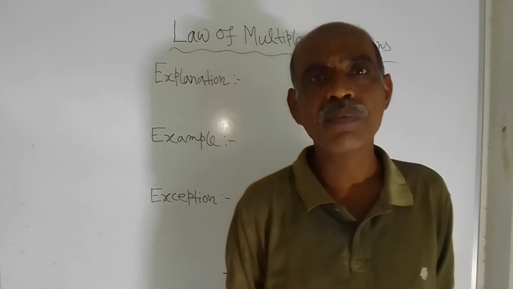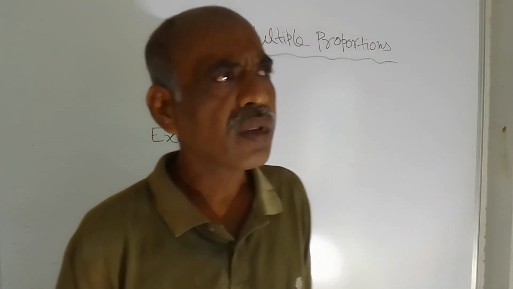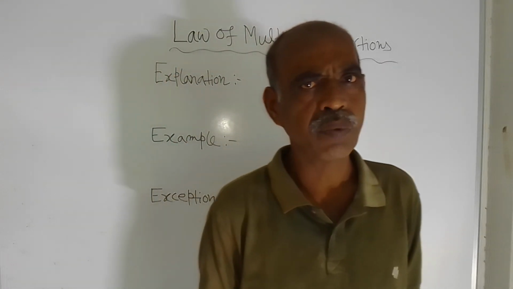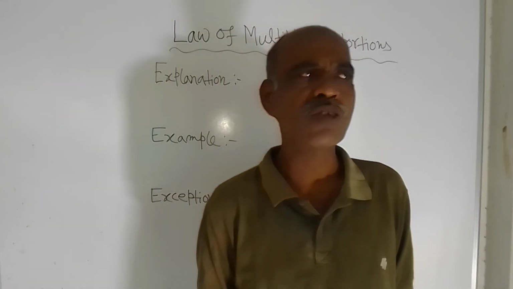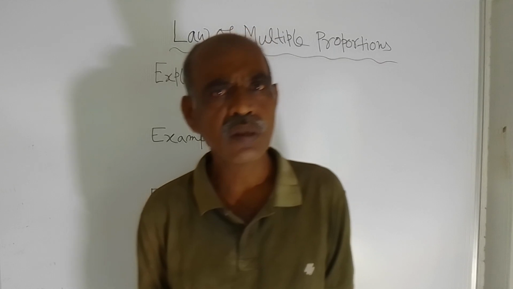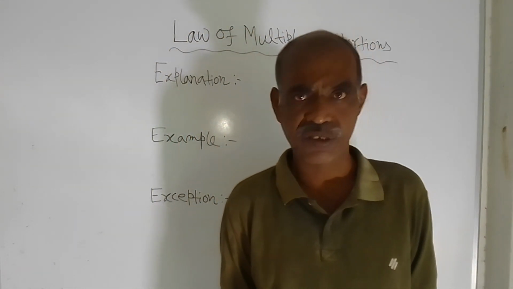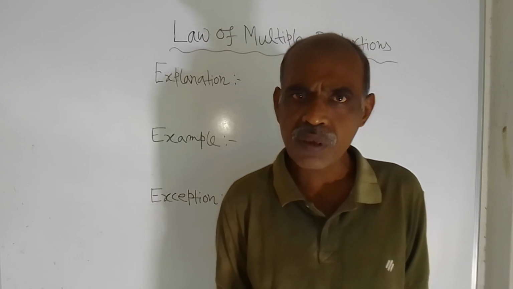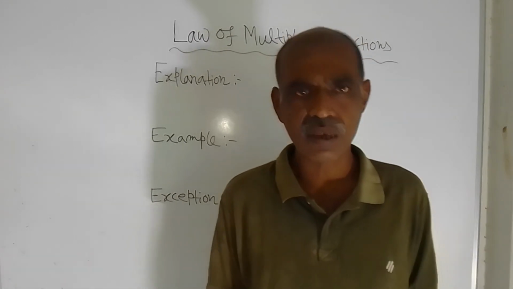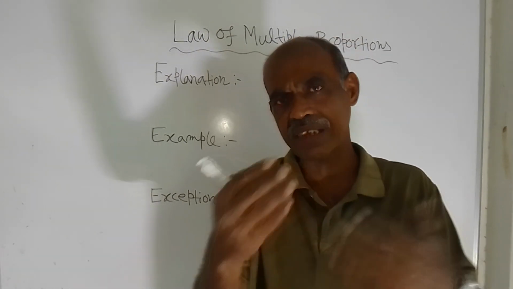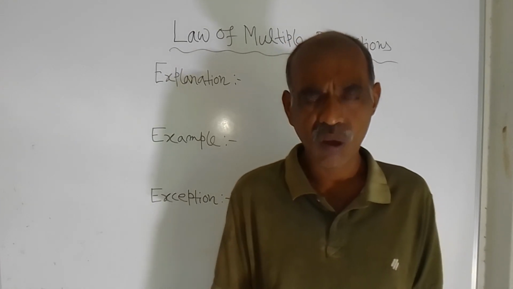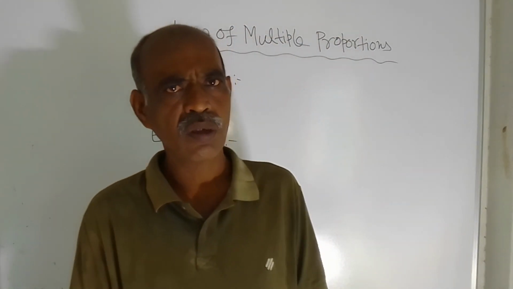What is the meaning bear a simple ratio? If ratio is 1:2, this is simple. If ratio is 1:2:3, this is also simple. If ratio is say 1:6:8, this is also simple. So these are simple ratios. So this was stated in the law of multiple proportions. What was the law?